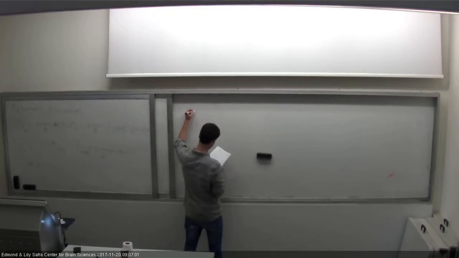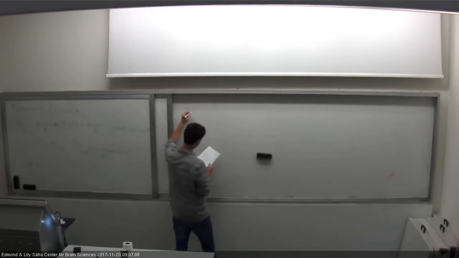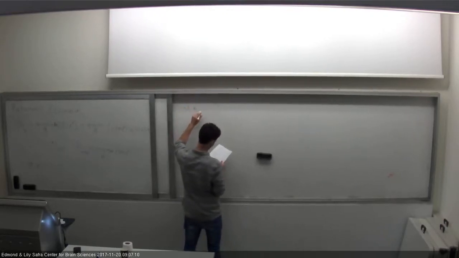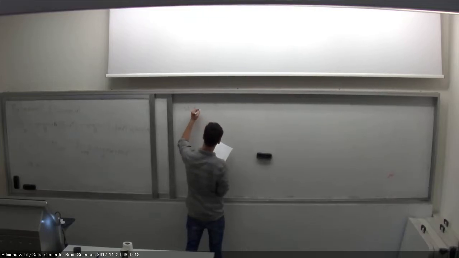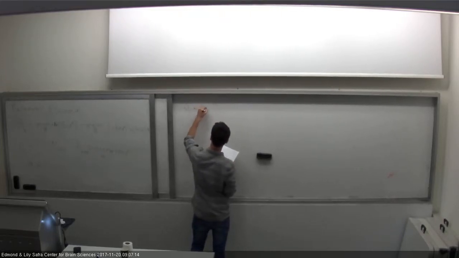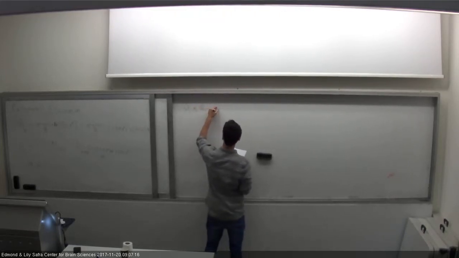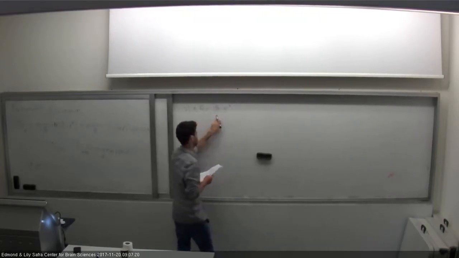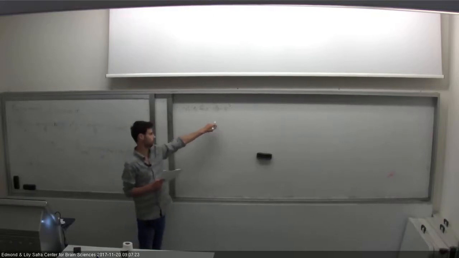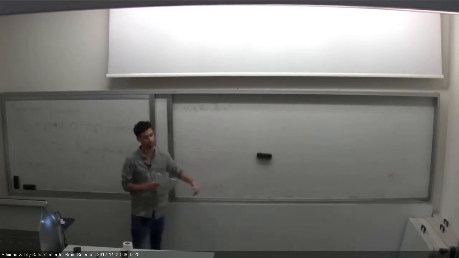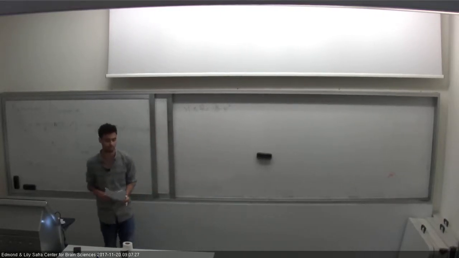So, in this case, the cost function is quadratic: lambda is theta minus theta hat squared.